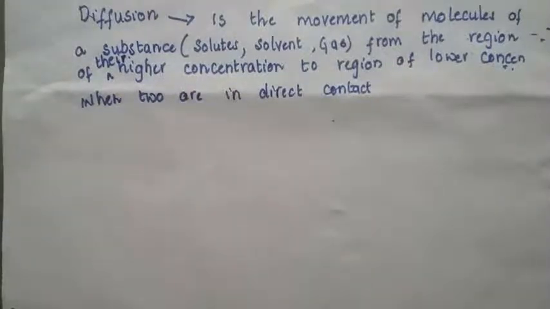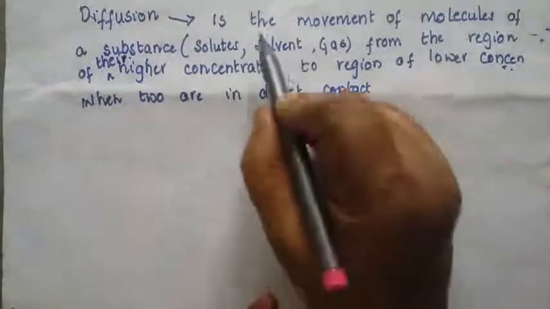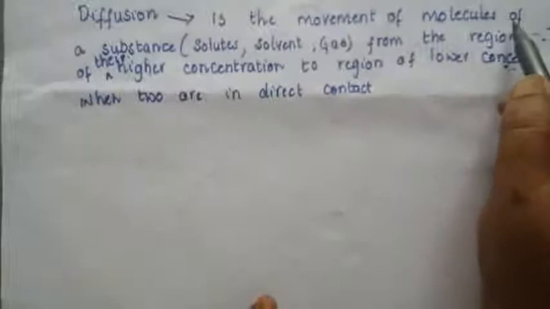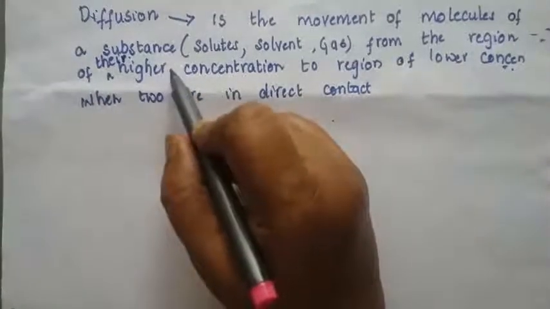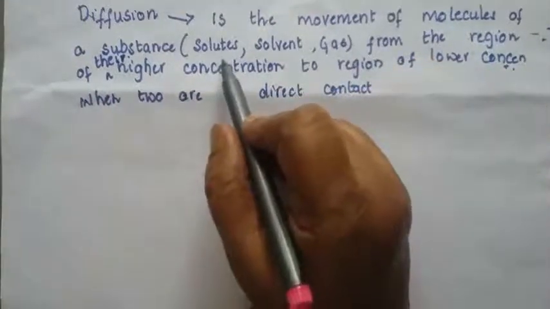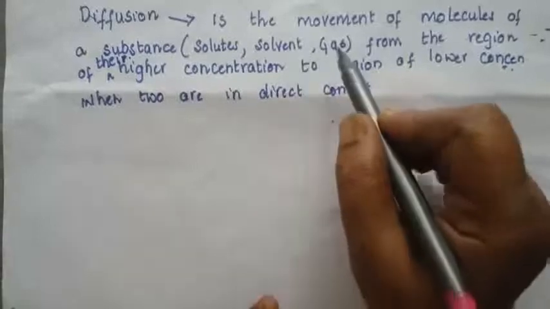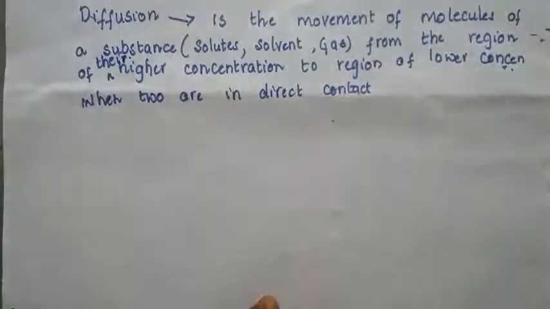So how do we define the word diffusion? Diffusion is defined as a movement of molecules of a substance. It can be in the solid state, liquid state or a gaseous state, where I have given a number of examples.